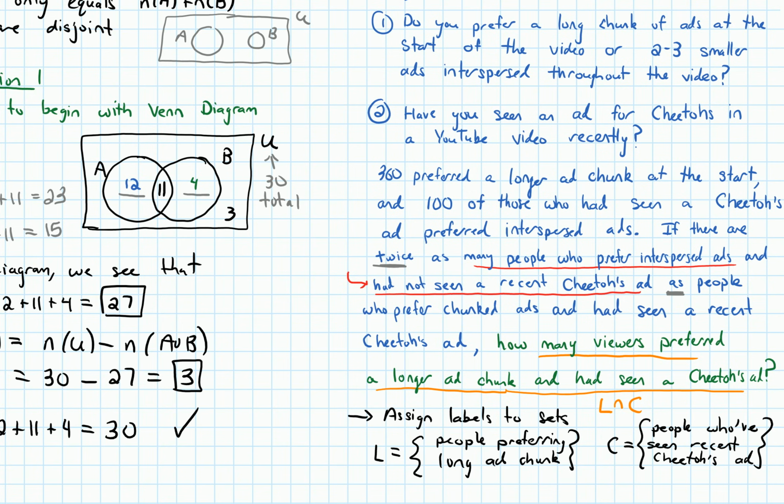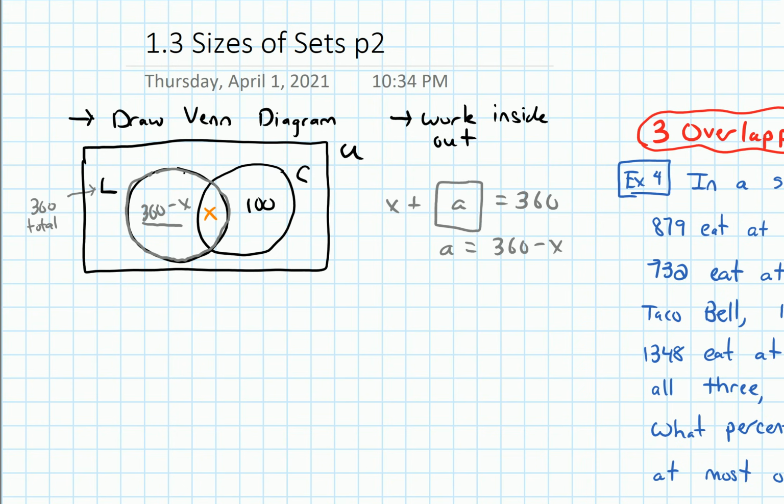Well, that means you are not in L and you are not in C. So you're not in either circle. So going back to my picture, that is talking about this region out here. So let's go back to the word problem now.